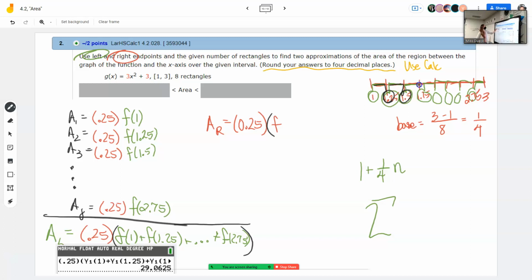Everything's going to stay the same, except where do I land? And what don't I have? So all you got to do is delete the y of 1. Remember how to do that? Delete the y of 1. So I'm starting at 1.25.